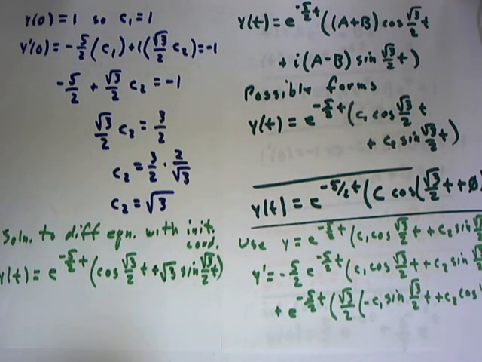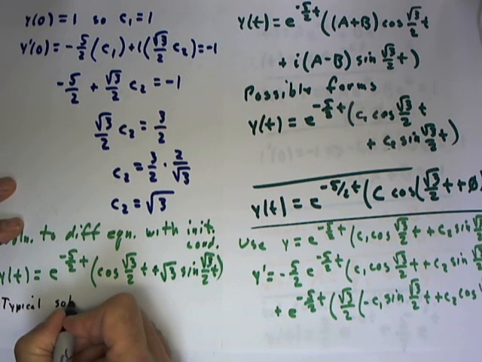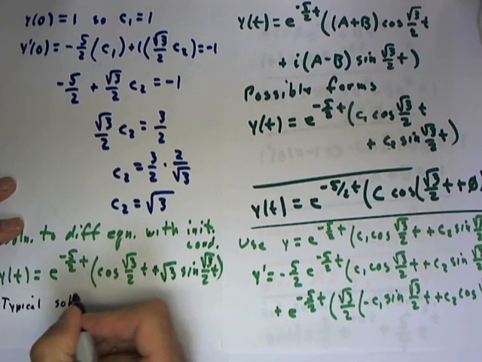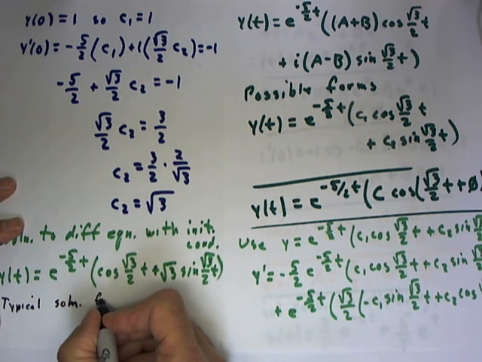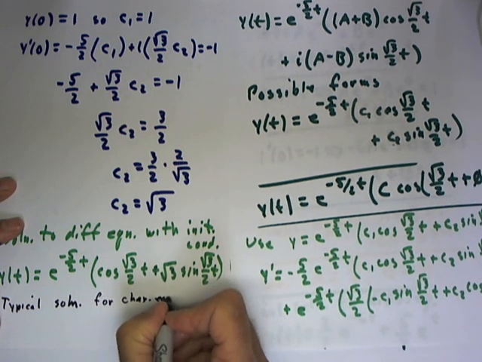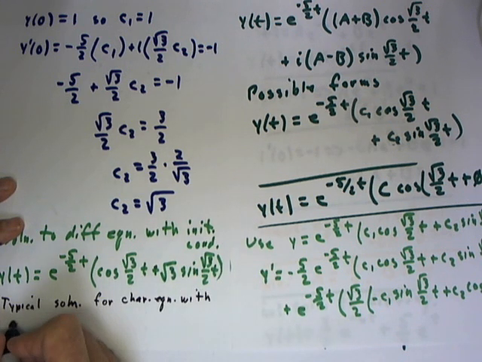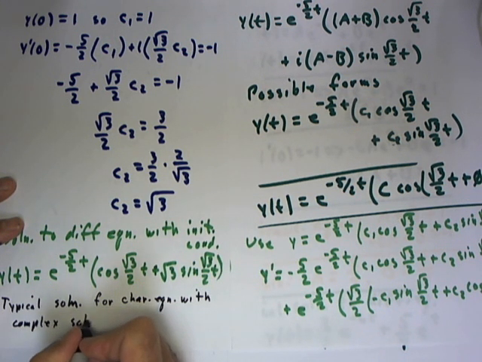Our solution is typical. So we're going to say that's a typical solution for a characteristic equation with complex solutions.